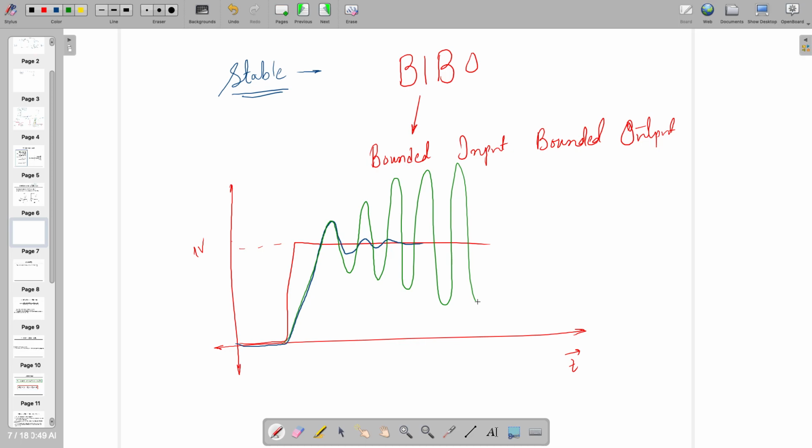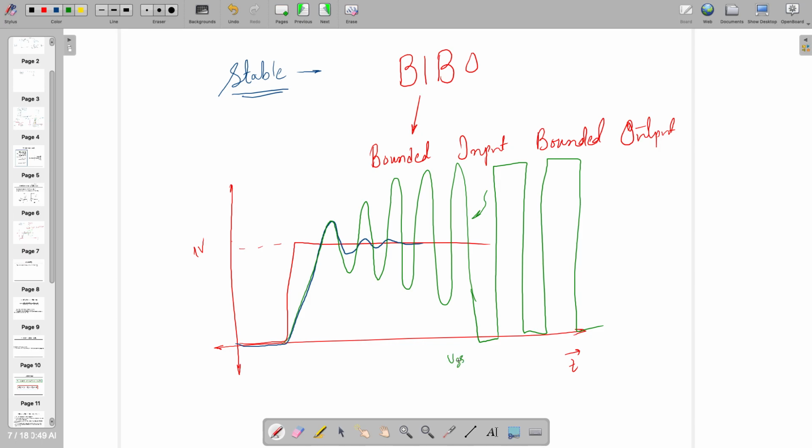So which one do you say is not a bounded output? Yeah, this green part is not a bounded output, because it will give output only from maybe VSS to VDD, or plus V supply to minus V supply. So this is an oscillating output and it's not stable.